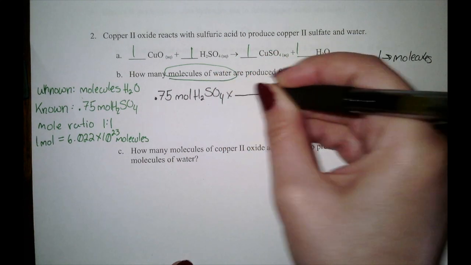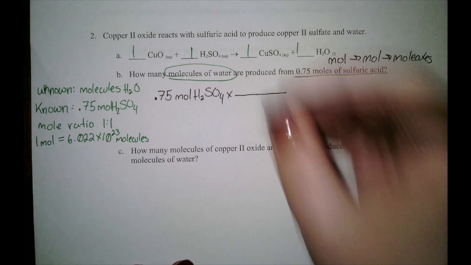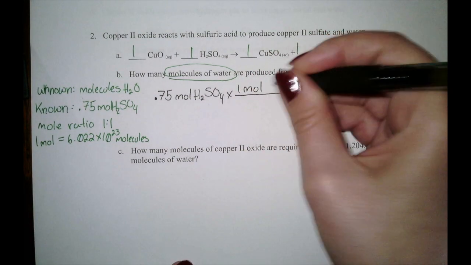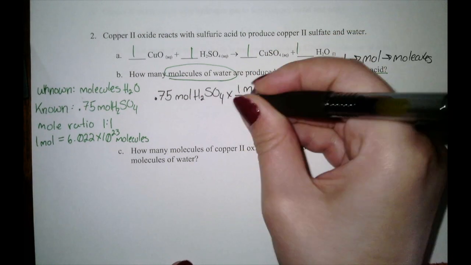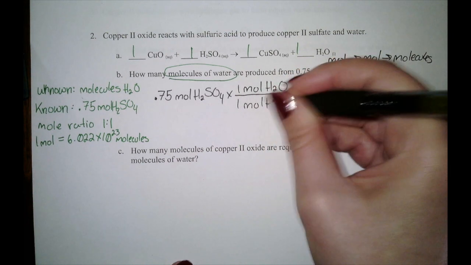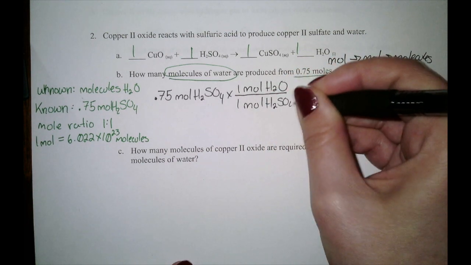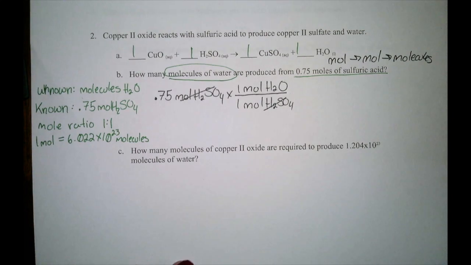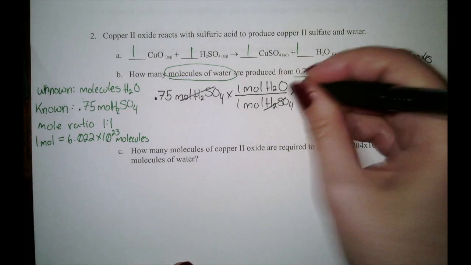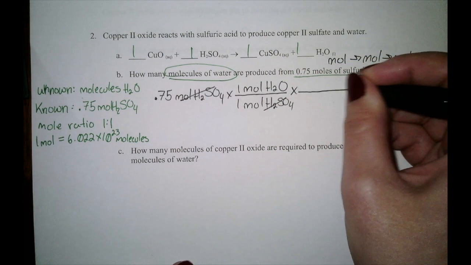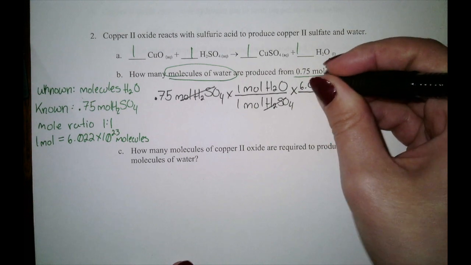I need to convert from moles of sulfuric acid to moles of water. Lucky for us, our mole ratio is just 1 to 1. Now that I have moles of water, I need to use Avogadro's number to figure out molecules.